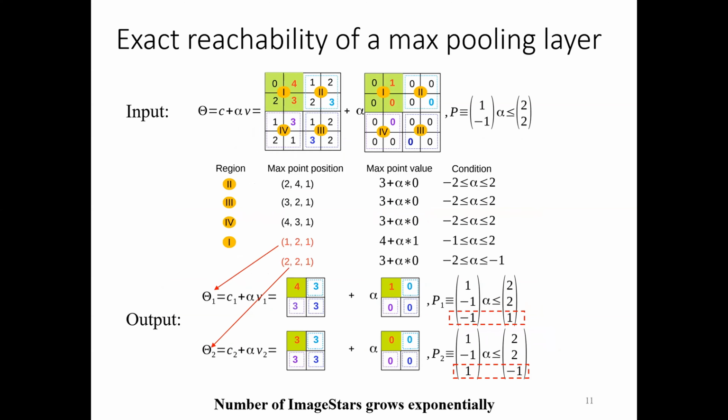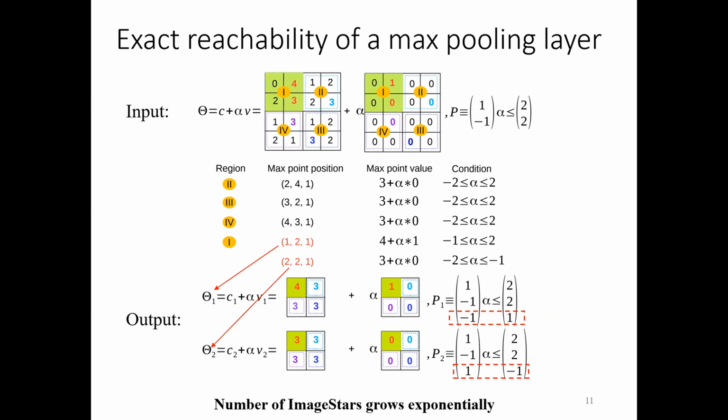After finding all max point candidates of all local regions, we can combine them to construct the exact output set of a max pooling layer. In this case, because the first local region has two max point candidates, the output set of the image star is going to be two image stars. The first image star is the combination of the first max point candidate with the max points in other regions, while the second one is the combination of the second max point candidate with the max points in other regions.